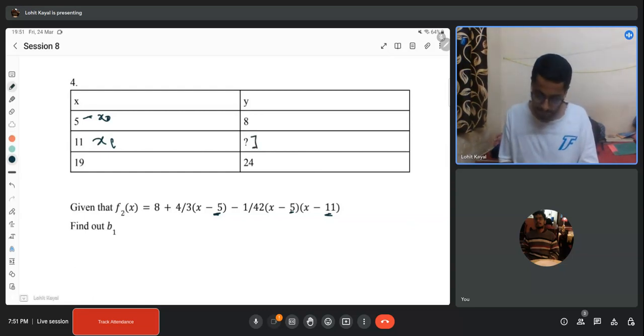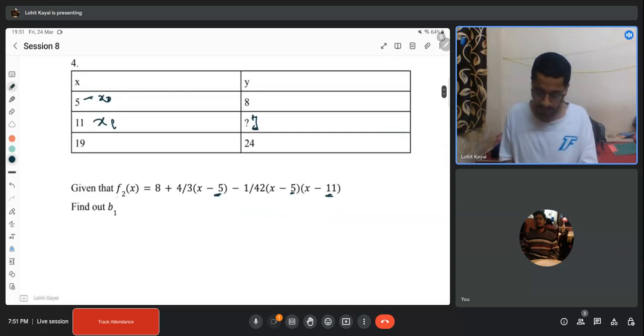So here I haven't provided the value, but during the process I will be able to figure out what the value is. So what is the general form of f2(x)? Here I have three data points, so this is a second order polynomial.